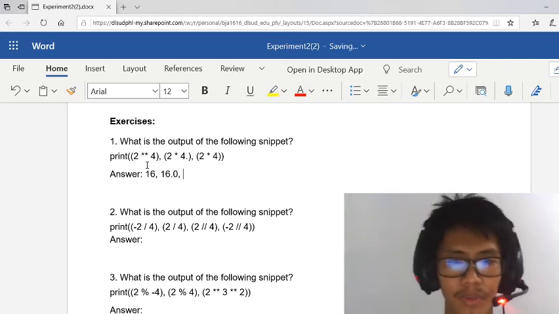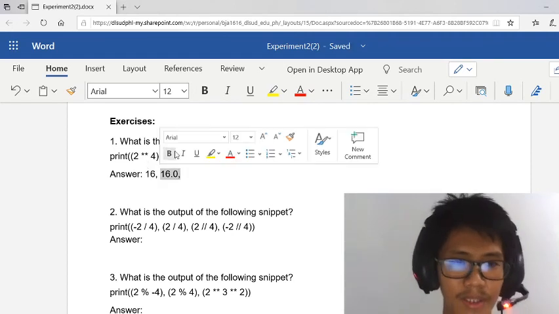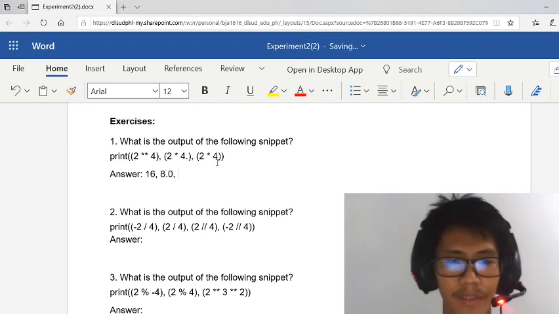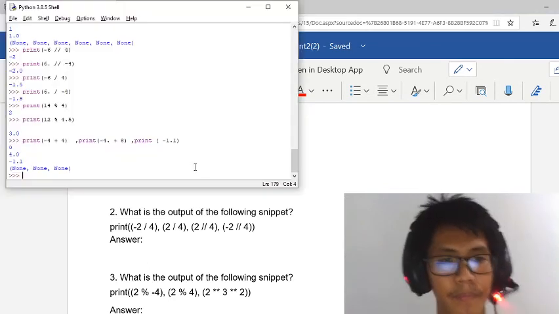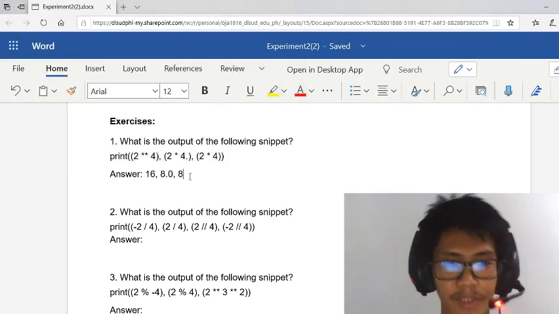The third one would be 2 raised to 4 with the... oh, no, sorry. This is 2 times 4, right? So it should be 8.0. And then lastly, 2 times 4 would be 8 without any decimal. So let's check if our answer is correct. 16, 8.0, and 8.